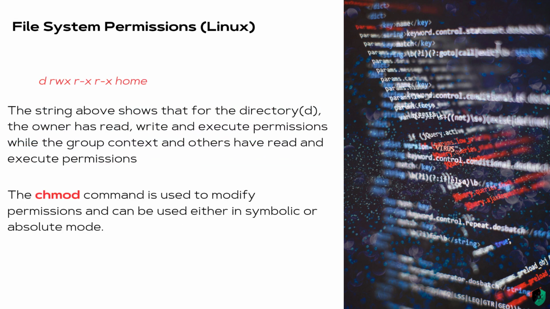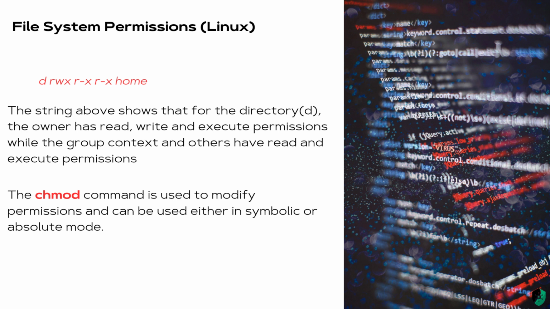Now take a look at this string right here: d rwx r-x r-x home. What exactly is going on here? We have the directory, d. Now rwx, those will be the permissions for the user or the owner, which means right here the owner can read, can write, and can execute.